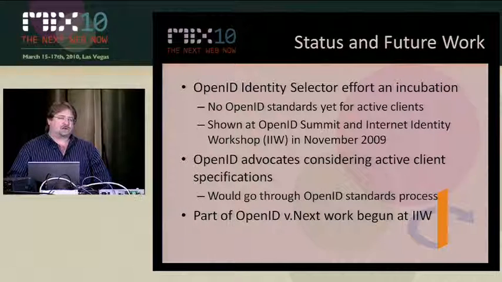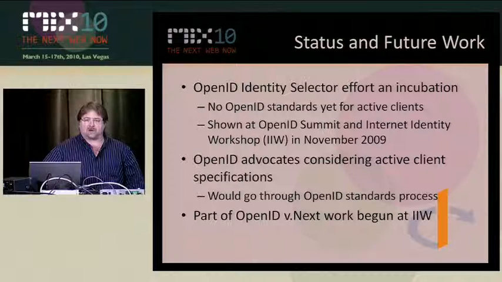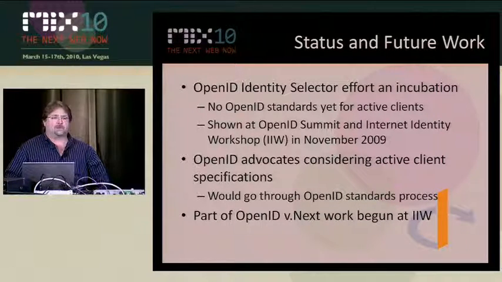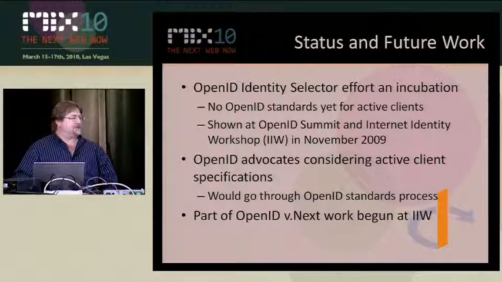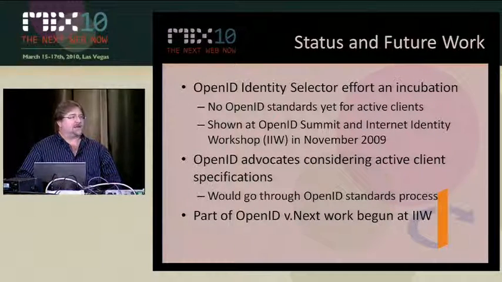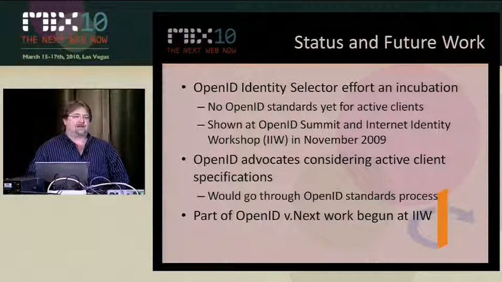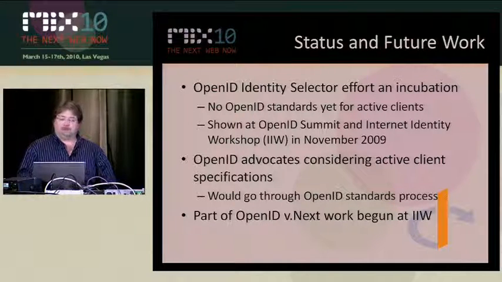We demoed this to folks both at the Internet Identity Workshop in November and an OpenID Summit that was associated with it. And it was reasonably well received, and indeed it was part of what made people put the notion of an active client for OpenID on the roadmap for what to look at for the next version of OpenID, and that work is starting to happen.